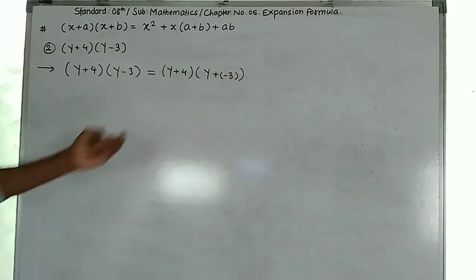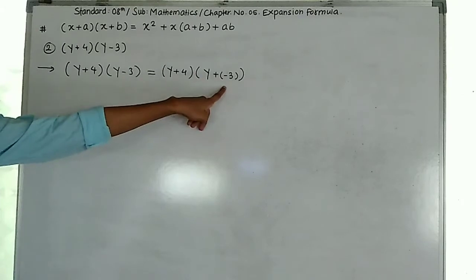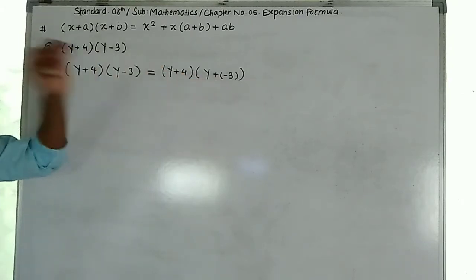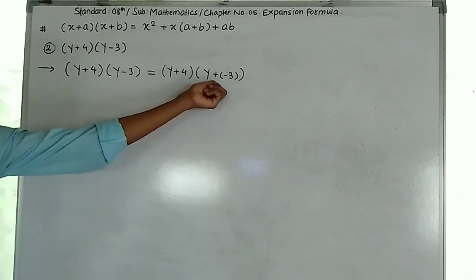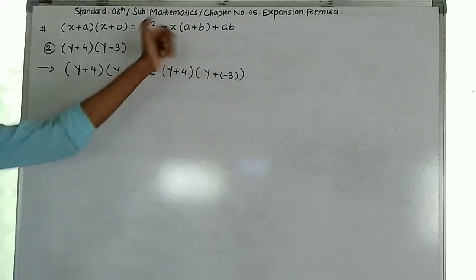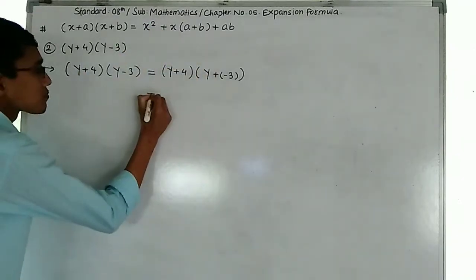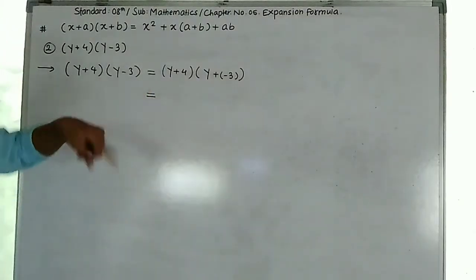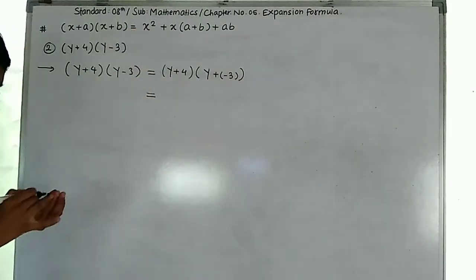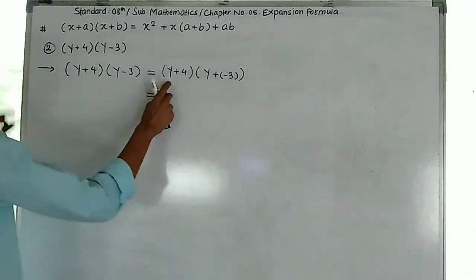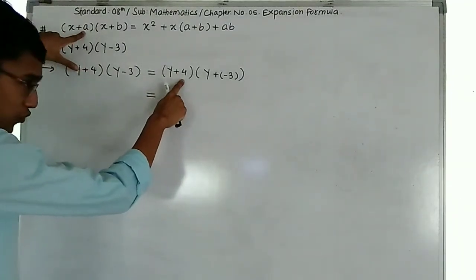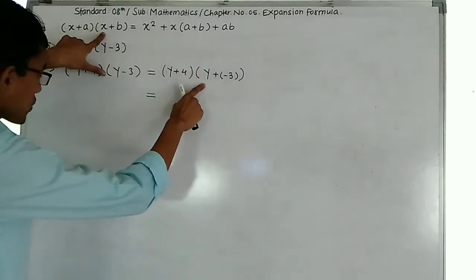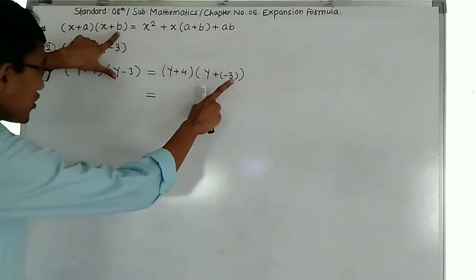Now plus into minus becomes minus, so we are changing nothing over here, just we have taken the plus sign for our own convenience. Now we can apply the above expansion formula, that is here I will take x equal to y, a equals to 4, then x equal to y, and b will be minus 3.